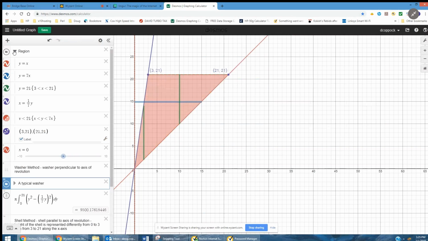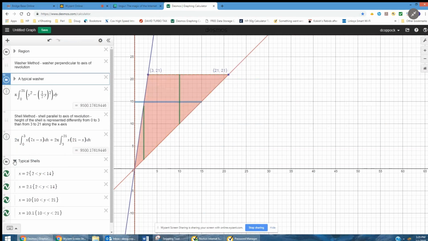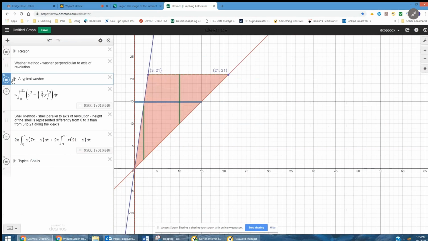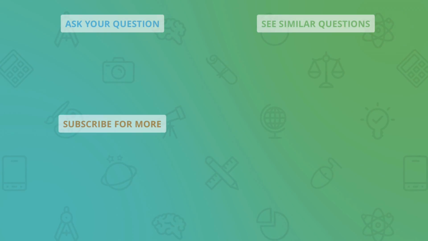So you can expand these to see how I created the region, the typical shells, and the typical washers. Okay, so I'm going to copy this URL to the answer also. End of recording.